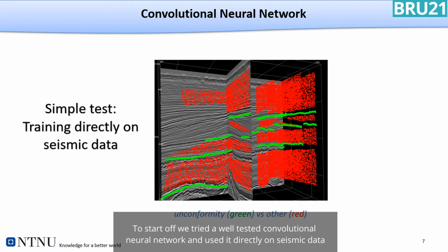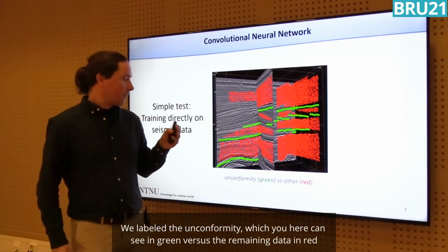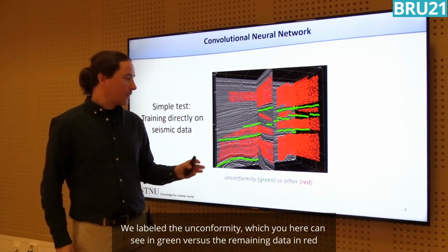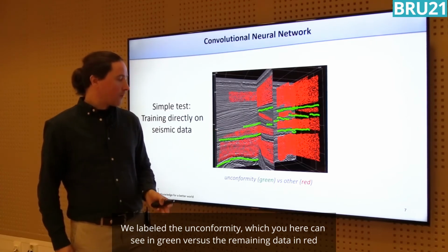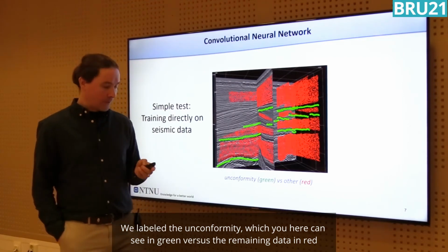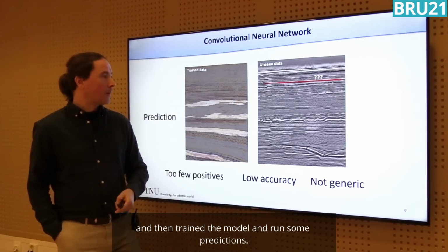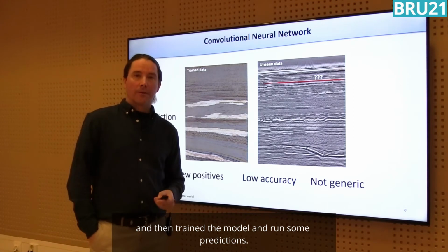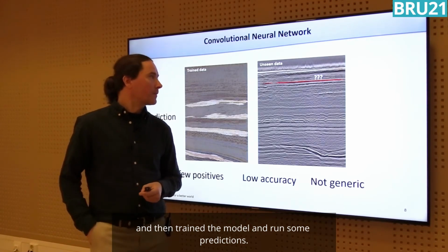To start off, we tried a well-tested convolutional neural network and used it directly on the seismic data. So we labeled the unconformity, here seen in green, versus the remaining data in red, and then trained the model and ran some predictions.